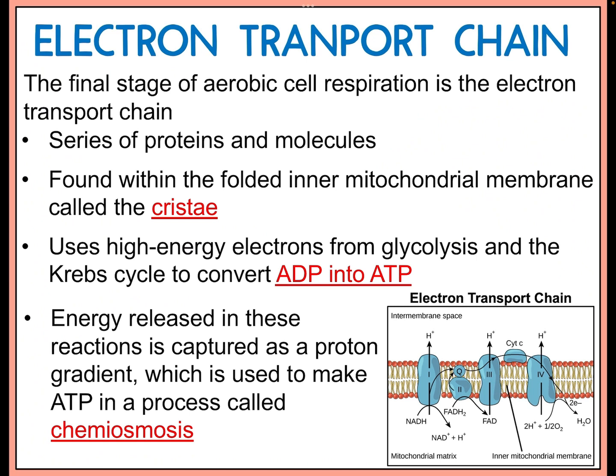It is within the folded inner mitochondrial membrane called the cristae. It uses high energy electrons from glycolysis and the Krebs cycle to convert ADP into ATP. Energy is released in these reactions and captured as a proton gradient, which is then used to make ATP.